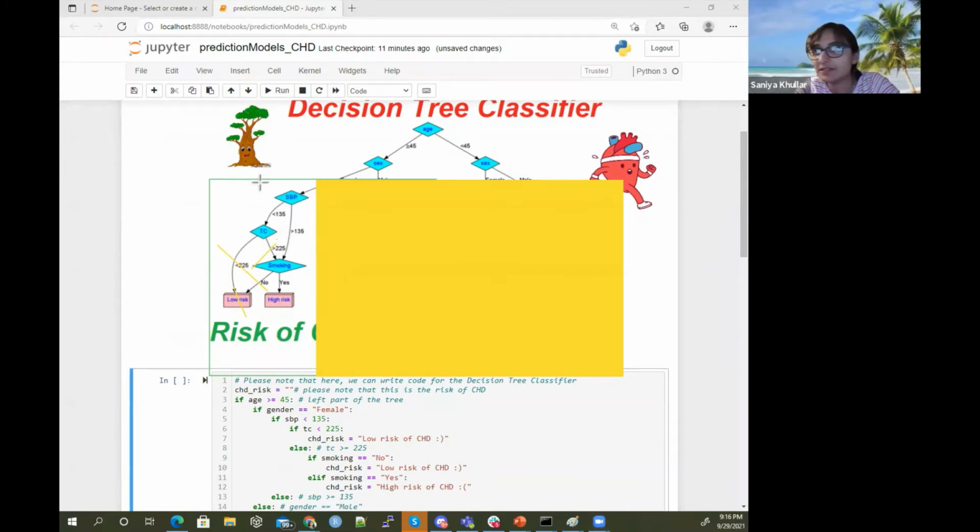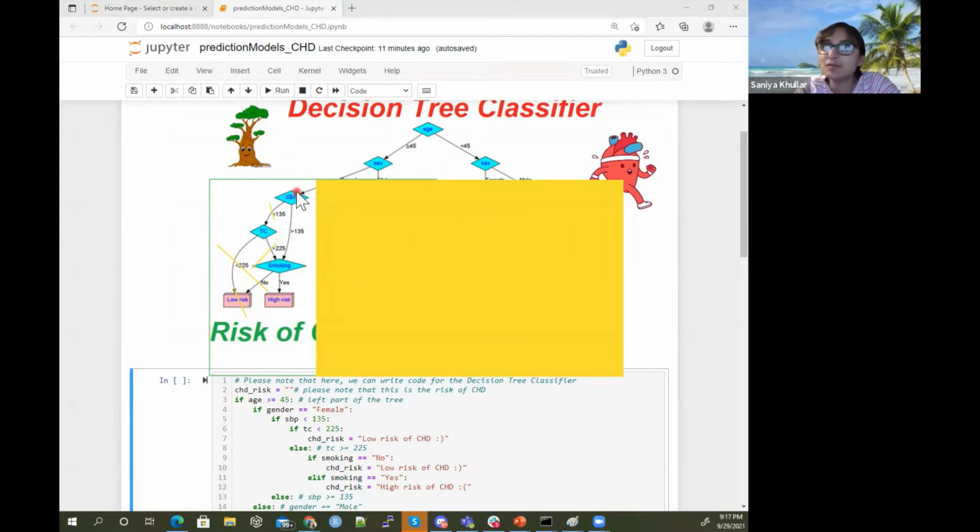So we have finished this thing here. If total cholesterol is less than 225, then we finished this one. We've also checked if total cholesterol instead is greater than 225 and you don't smoke. So we finished this part here. If you do smoke as well, we've also checked that here.